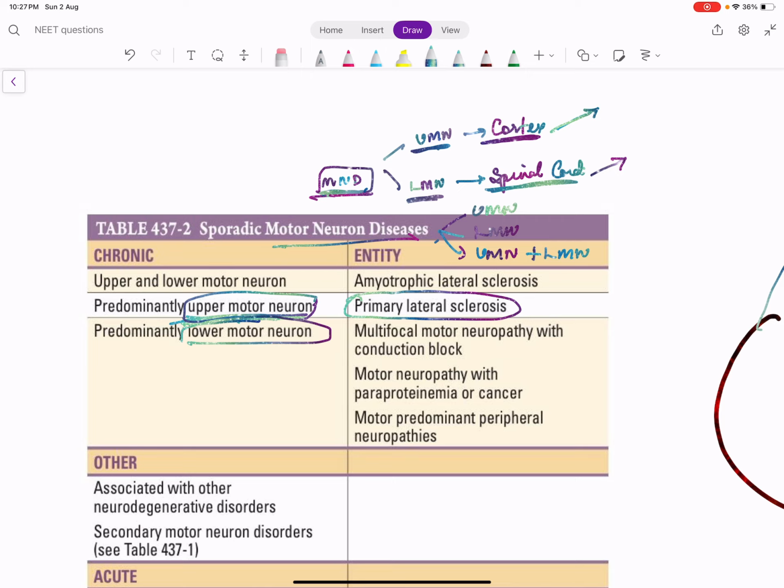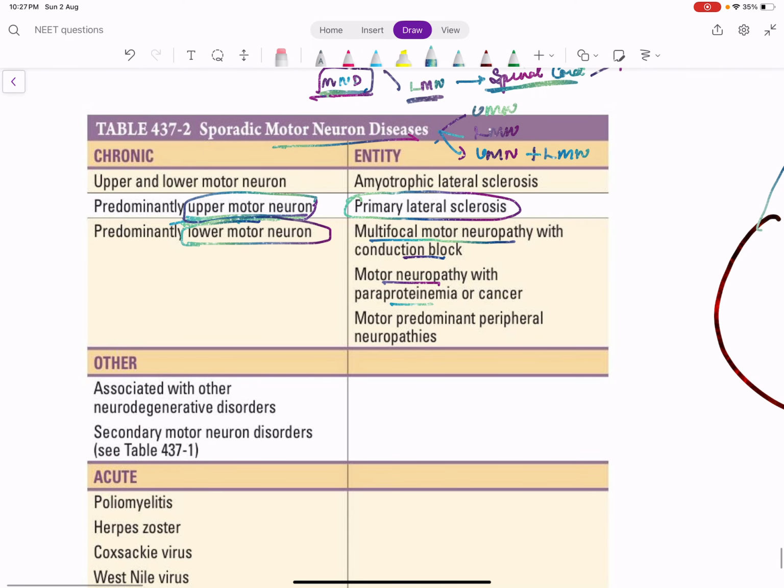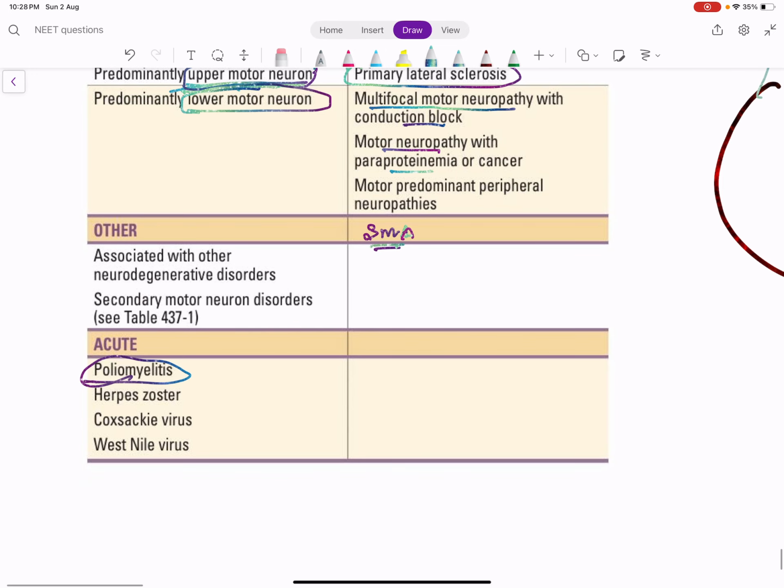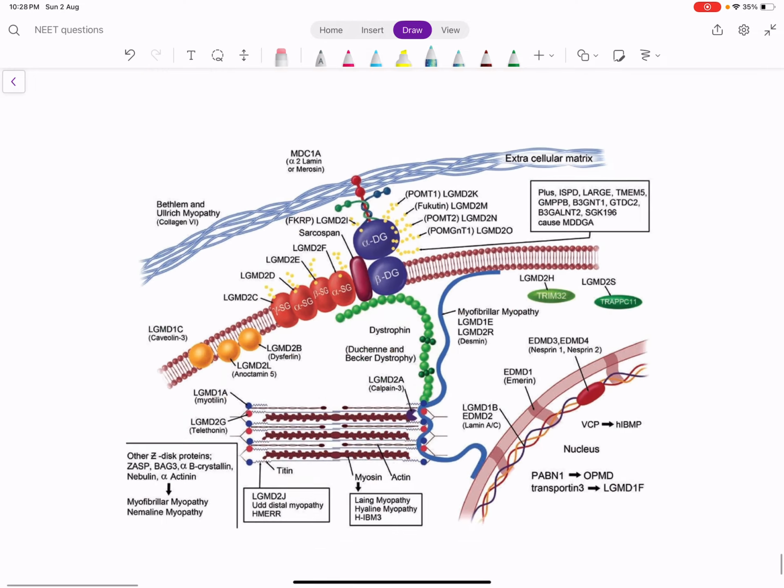Predominant lower motor neuron lesion will be multifocal motor neuropathy with conduction block, motor neuronopathy with paraproteinemia, and SMA, spinal muscular atrophy. Remember, poliomyelitis is also a motor neuron disease because it affects the motor neurons of the spinal cord. Herpes zoster is another. So remember poliomyelitis and how it presents; that is motor neuron disease.